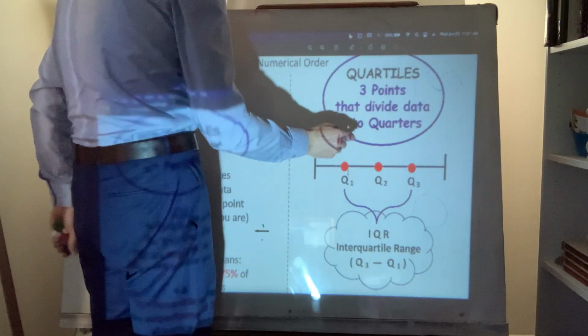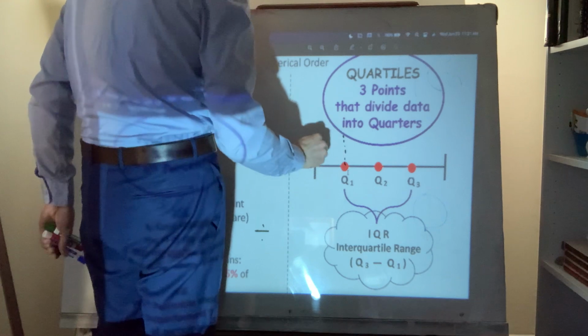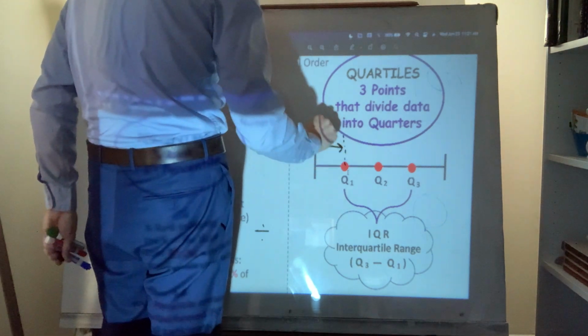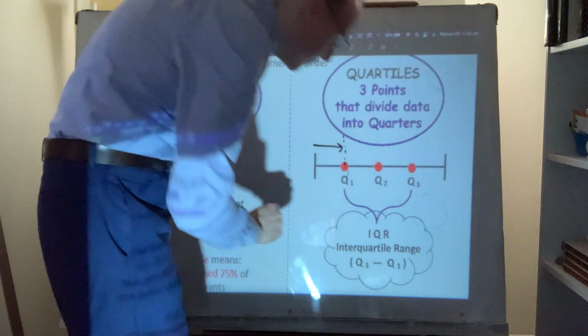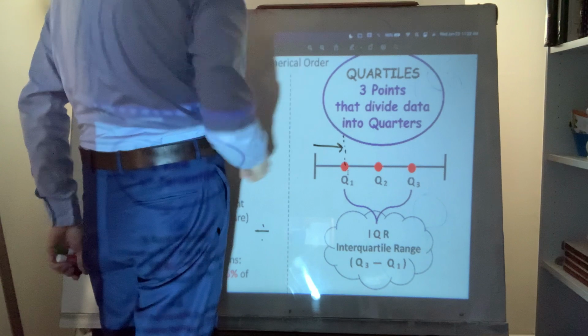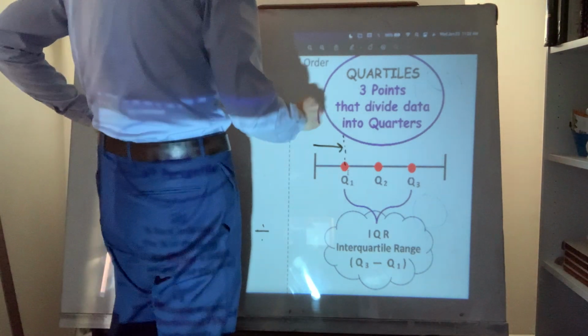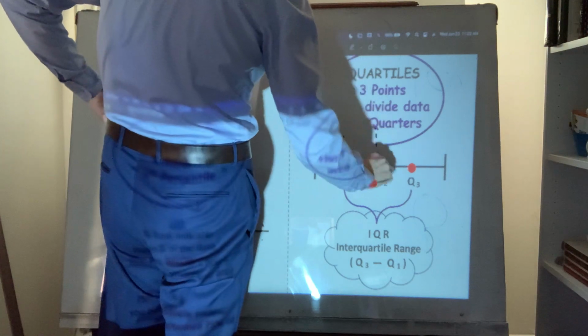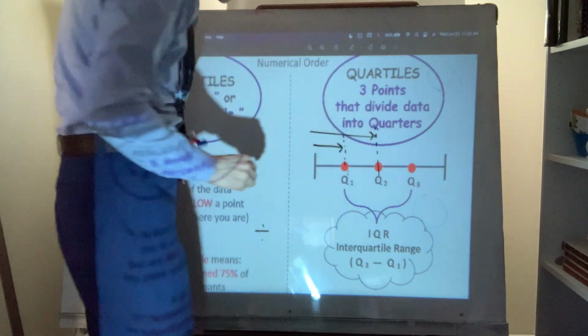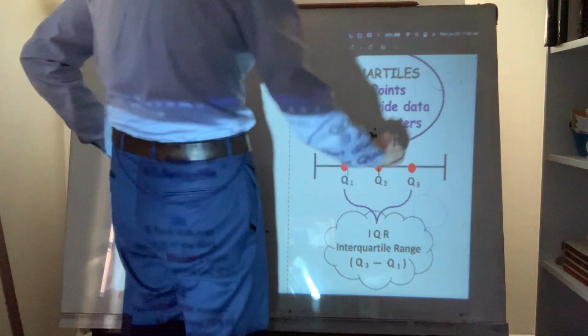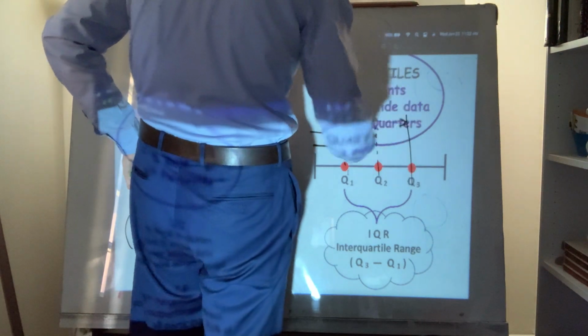The data that would fit from here to here would be the first quartile, and from here to here, second quartile, from here to here, third.